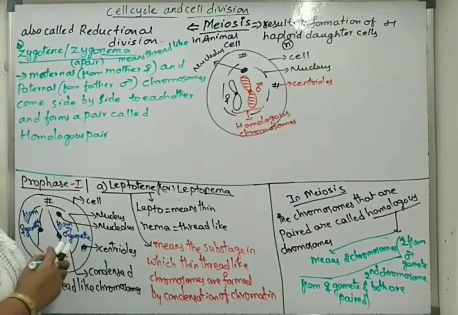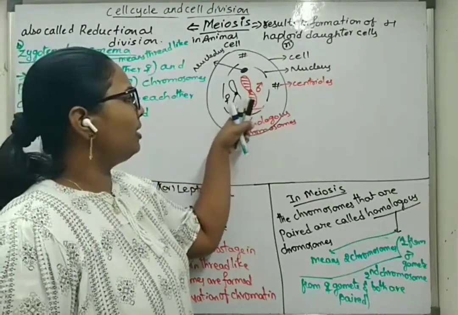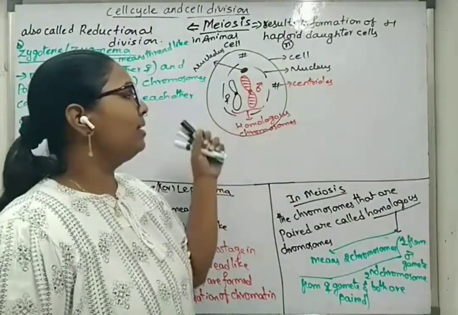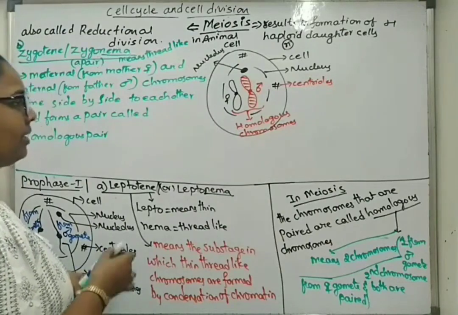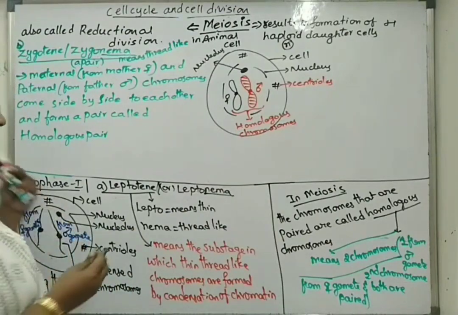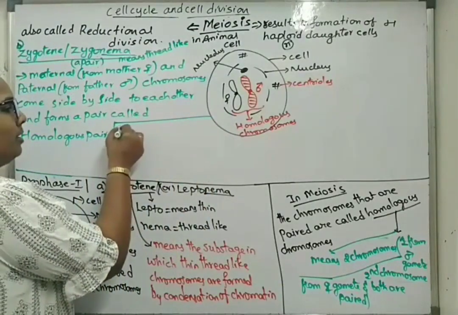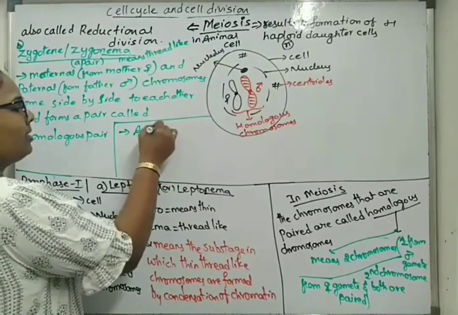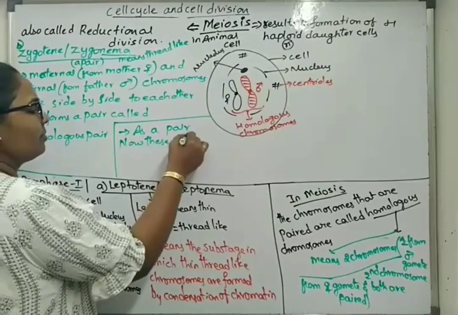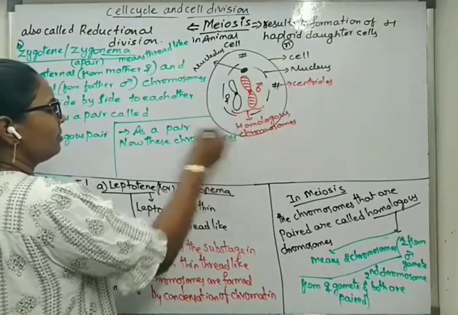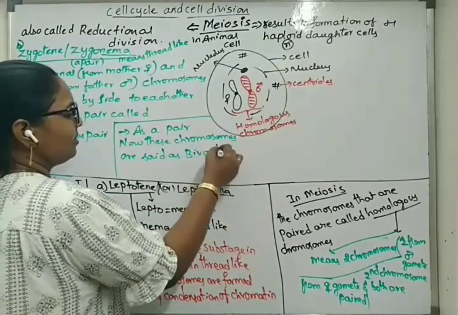In case of zygotene, there are some other terms. We are seeing two chromosomes arranged side by side just as a pair. When two chromosomes appear side by side as a pair, such a condition is called bivalent, and the chromosomes are called bivalent chromosomes.